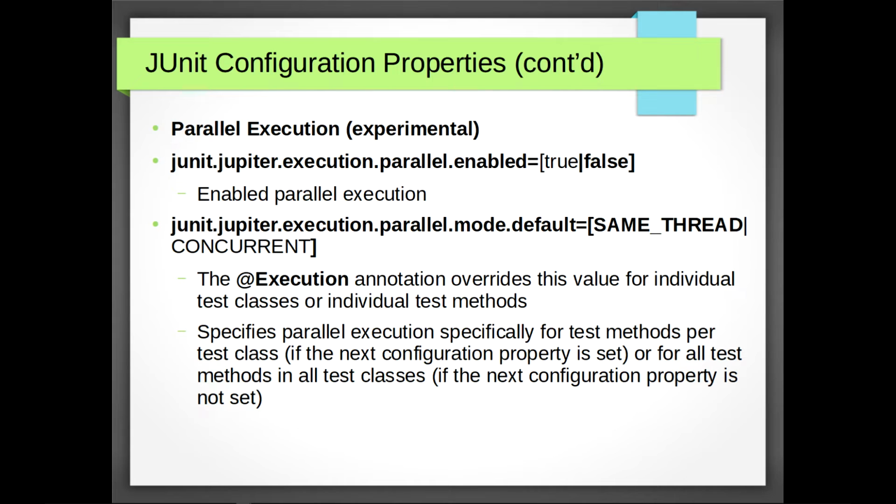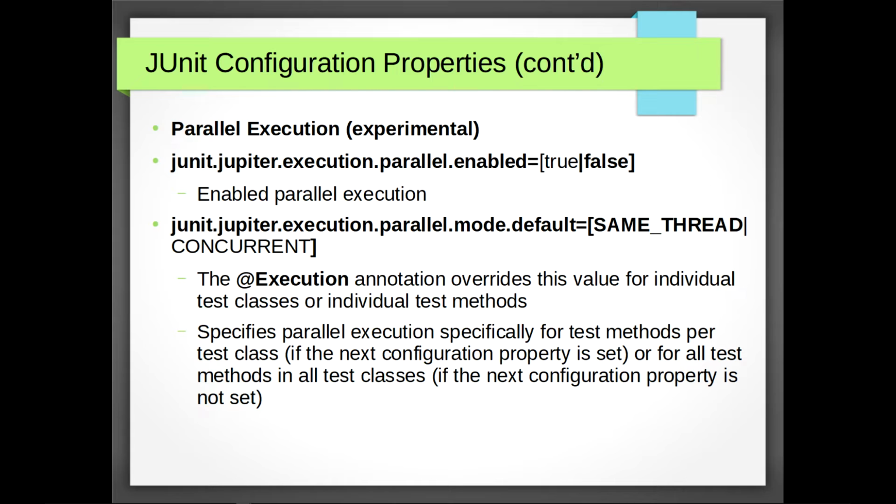So, excuse me, the next configuration property is junit.jupiter.execution.parallel.mode.default equals same_thread, which is the default, or concurrent. So this is the configuration property that controls the execution mode for unit tests. And if you recall, the @Execution annotation overrides this value for individual test classes or individual test methods.